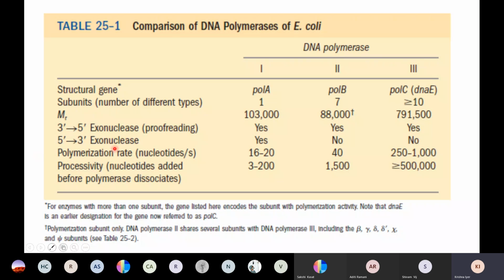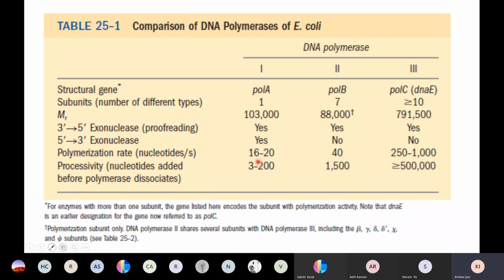How am I going to replicate 4 million if I'm going to replicate at this speed? That 20-minute doubling time is impossible to achieve if I'm going to add nucleotides at this very small rate.